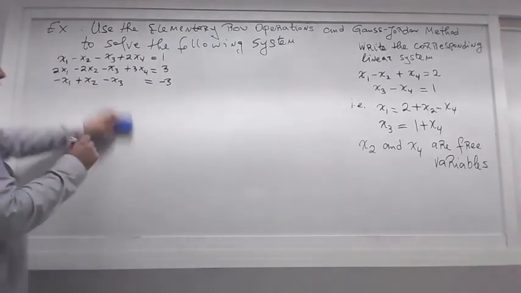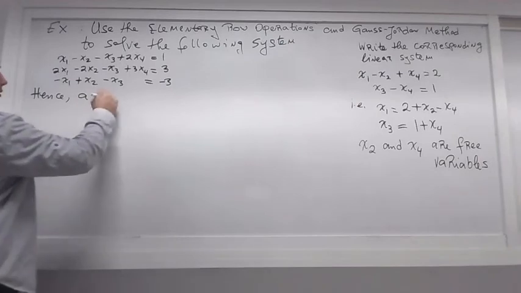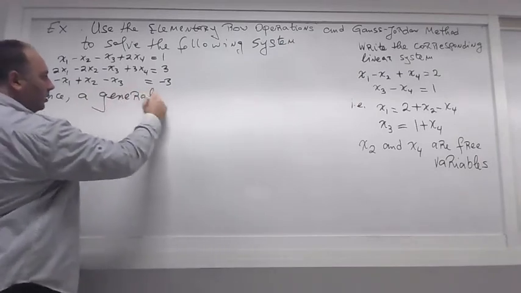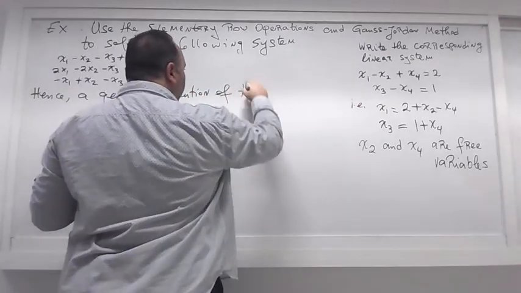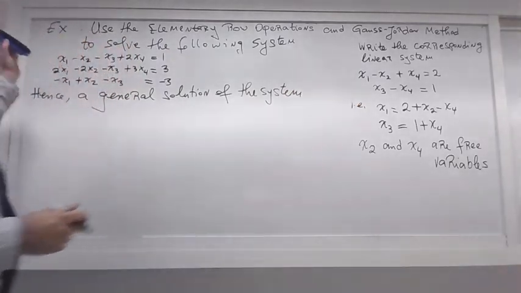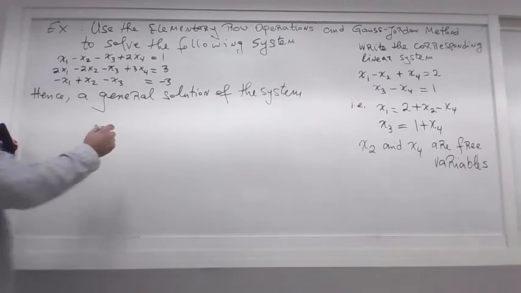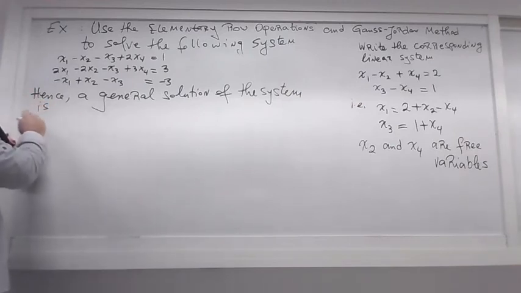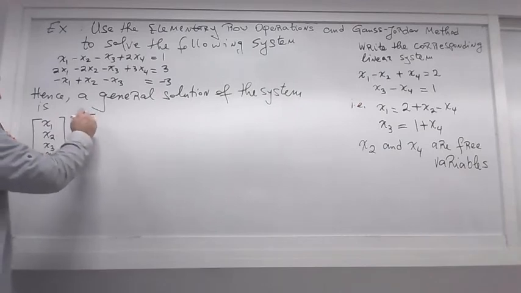Hence a general solution of the system, actually for all systems, the first one and every other system in between that we computed, is the solutions about unknowns, so it's x1, x2, x3, x4, that equal.